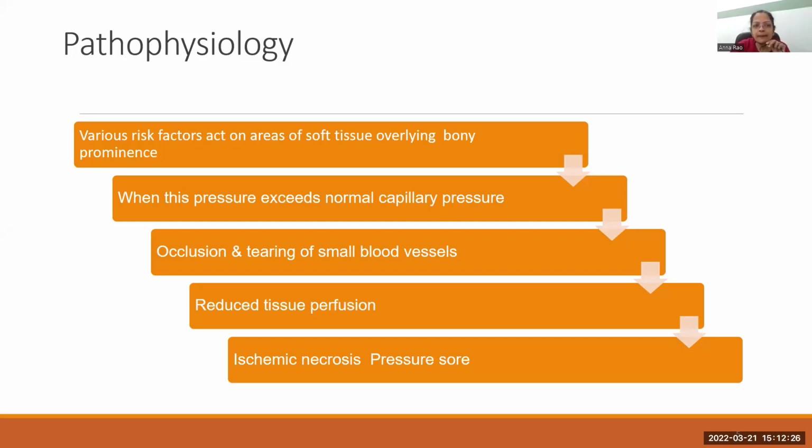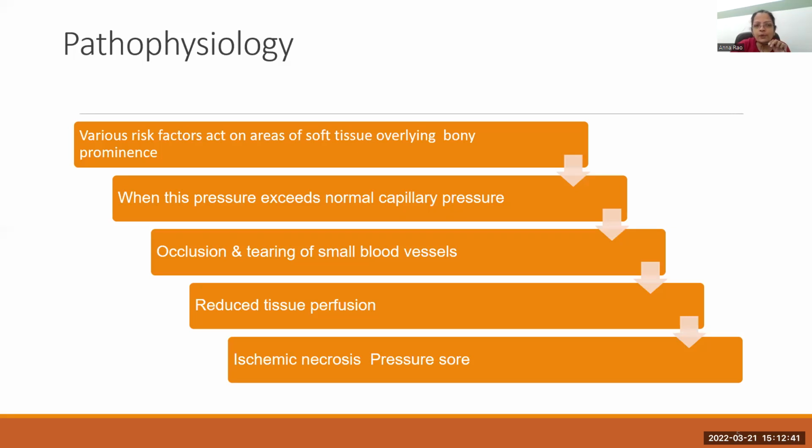So let us understand the pathophysiology. So all these risk factors will act on the areas of soft tissue that particularly are lying over the bony prominences, right?